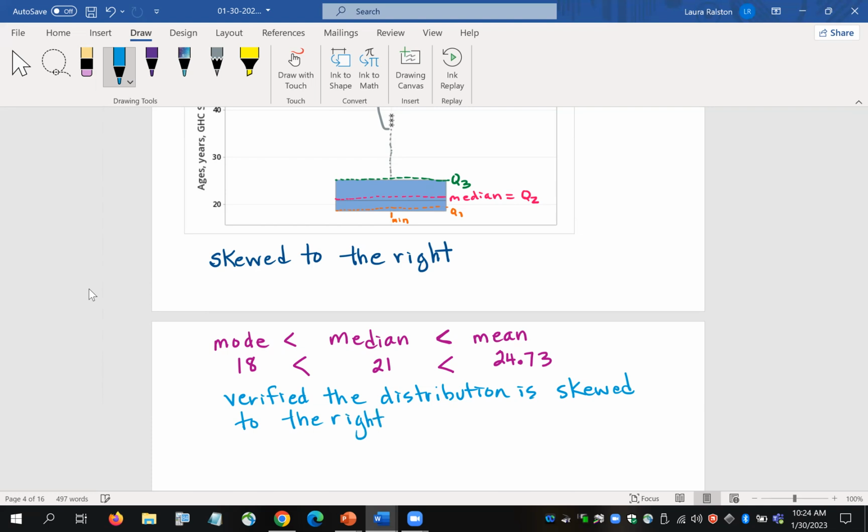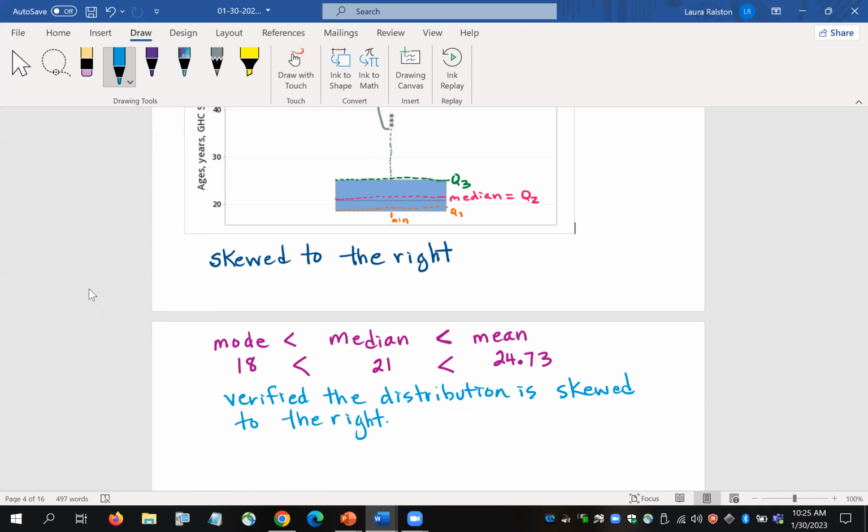Now, I will tell you that sometimes the mode, especially if you have more than one mode, might do something funky. If it's doing something funky, then you focus primarily on the median and the mean. But I now can verify beyond a shadow of a doubt that my distribution is skewed to the right.